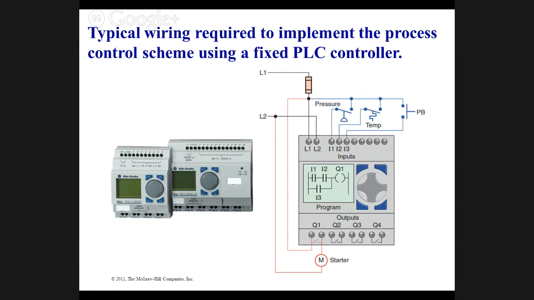So on the Q1, you actually have power to that one. Am I correct? The L1? Yeah, L1 is coming in here, and this is the symbol for a fuse, and they're jumping the same power to go off to everything else.